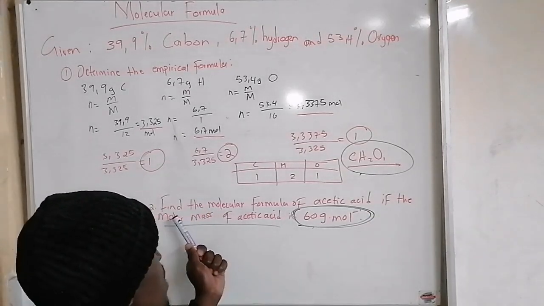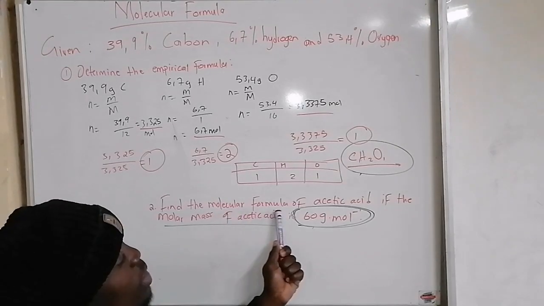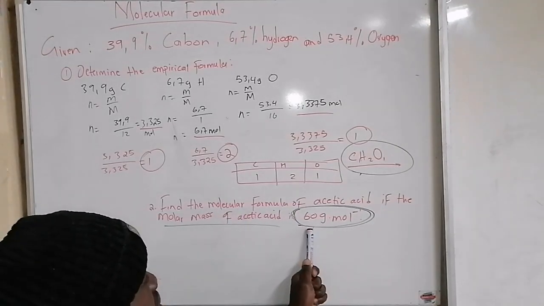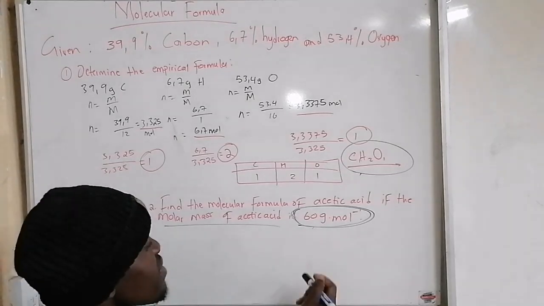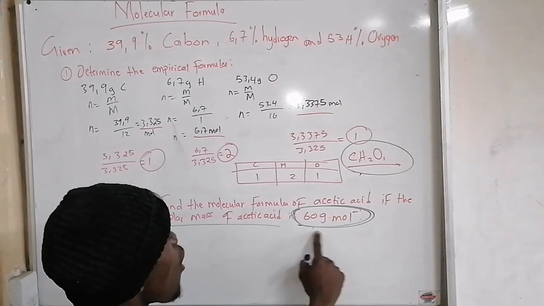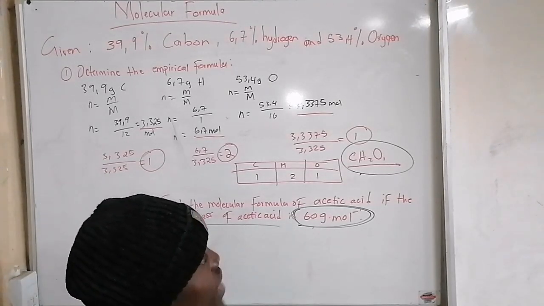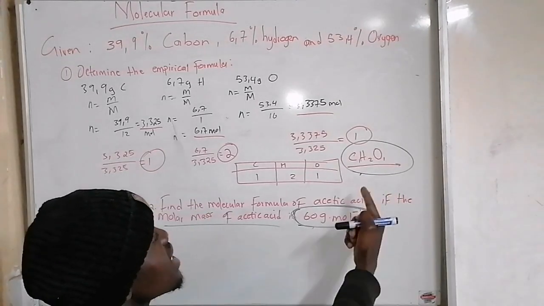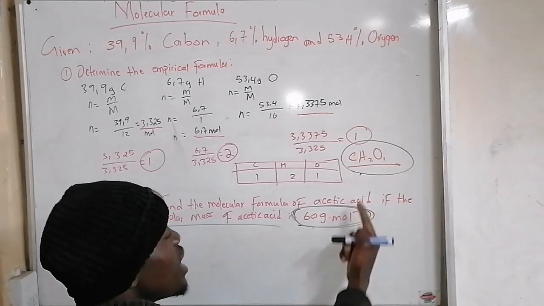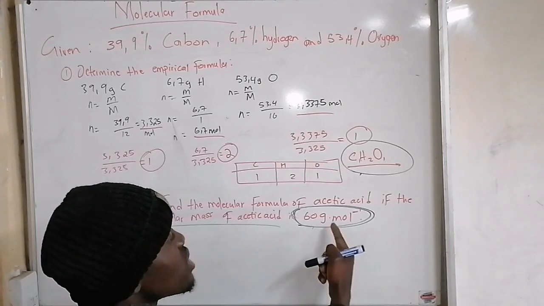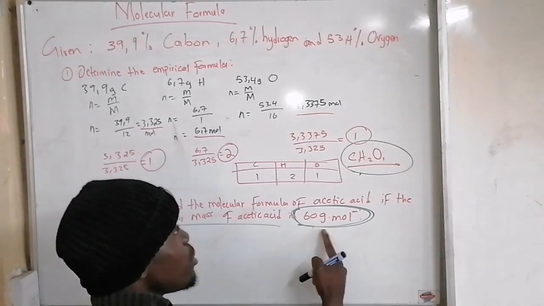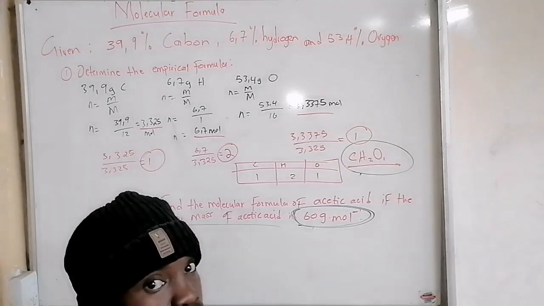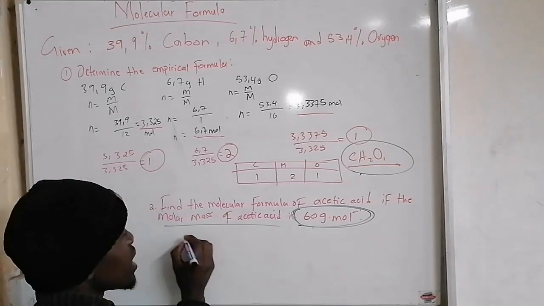Now they gave us the molar mass of the molecular formula, and you need to find the molar mass of the empirical formula. After finding it, you take the molar mass of the molecular formula and divide it by the molar mass of the empirical formula. So this is what I am saying.